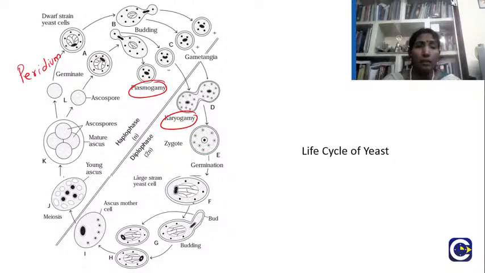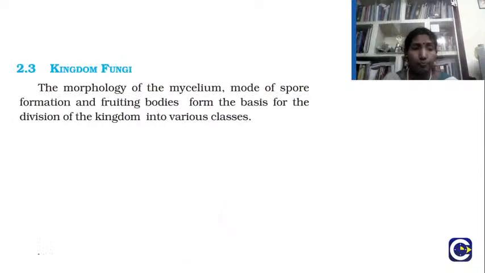Then they will bud and become the ascus mother cell again. So the cycle keeps going. Are you all able to follow? From one ascus, the diploid, four to eight ascospores come out. So that concept you should know.